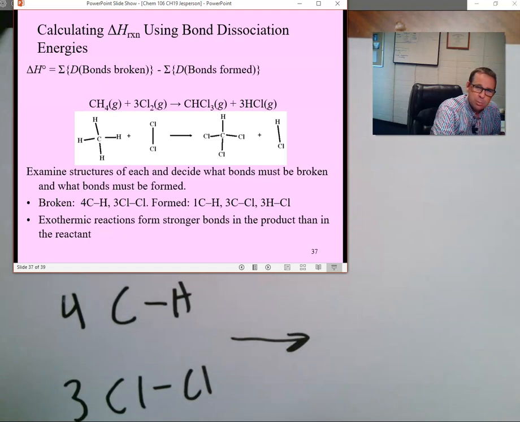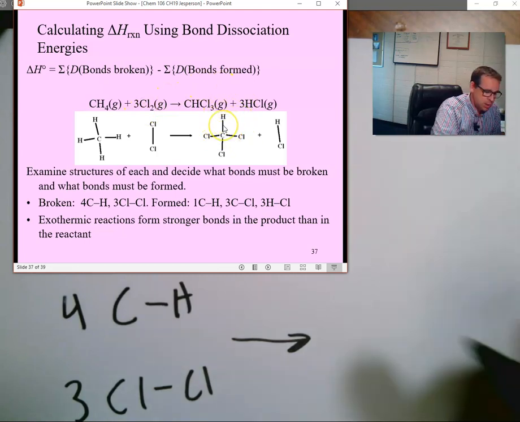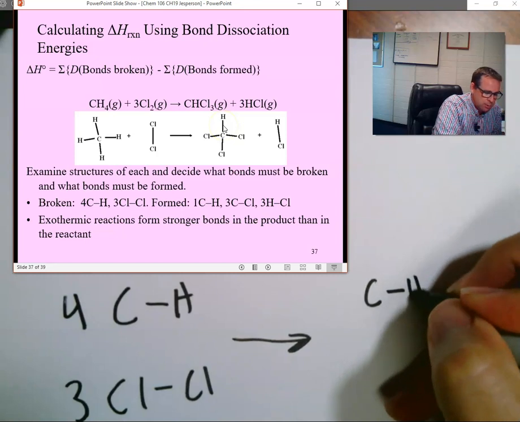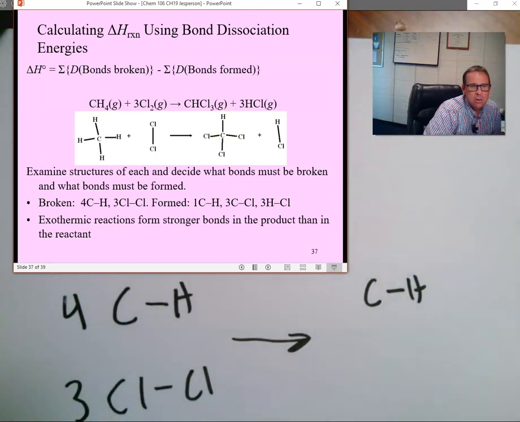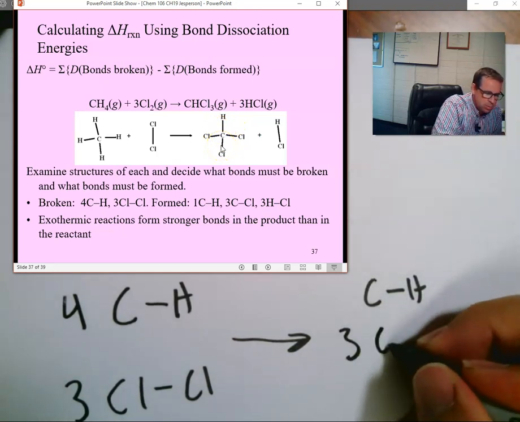And if I say I need to break all of these bonds and then form, what am I forming? I'm forming one CH bond. And you could kind of think, well, there's only 3 then, right? But it's okay, we just identify all the bonds. One CH bond here, and then 3 of these CCl bonds.